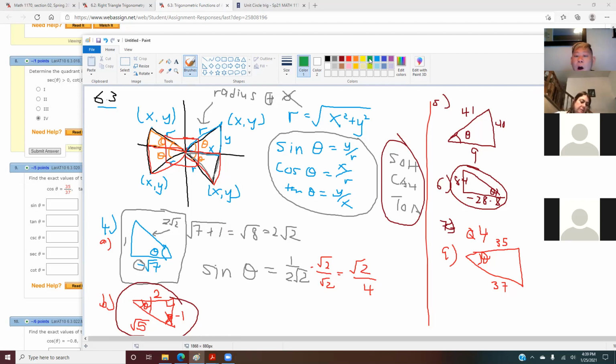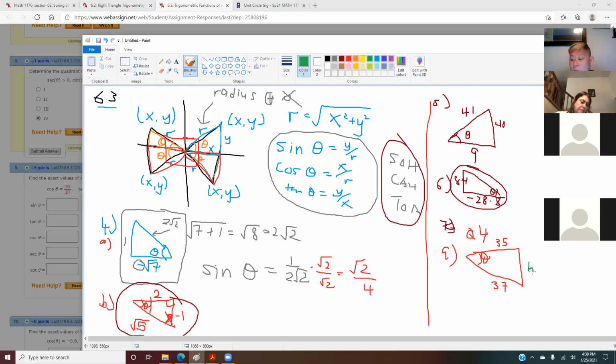So how do we find your opposite in this case? This is a big number, 35 squared. What's 35 squared? Yeah, calculator. And if you know the triplets, good. I think it's 7 or 9. 35 squared is 1,225, plus b squared equals 37 squared, which is 1,369.